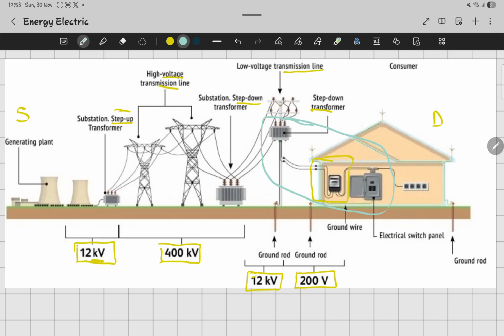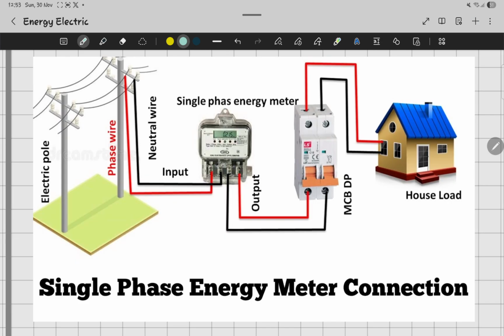What is happening inside that area is normally found inside the house. This is just to give you an idea. So we've got our lines. After the step down transformer, it's a transmission line that we receive the electricity from, and then this is the electricity unit that we've got here.